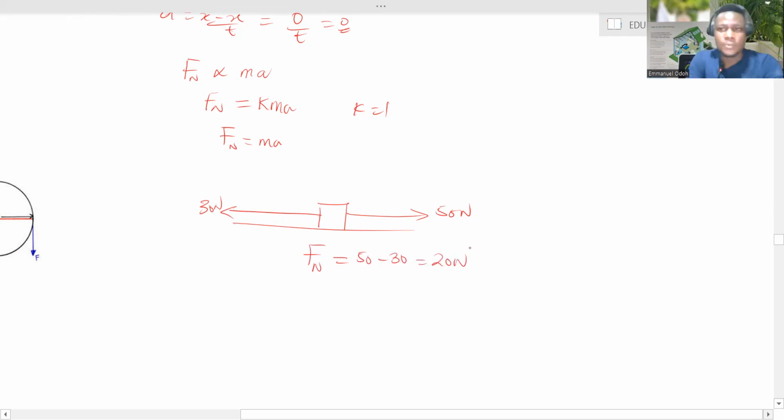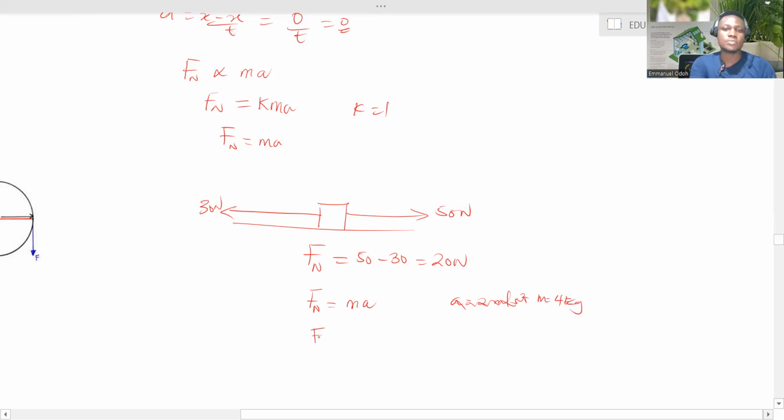And according to Newton's second law, this force is what gives the object an acceleration. If the object moves with a particular acceleration, let's say 2 meters per second squared, let's say the object has a mass of 4 kg.